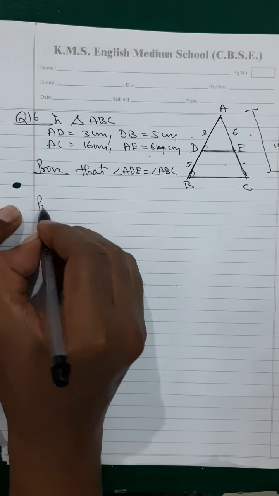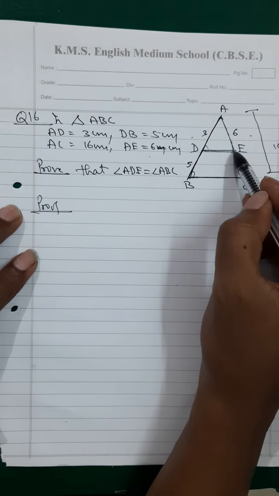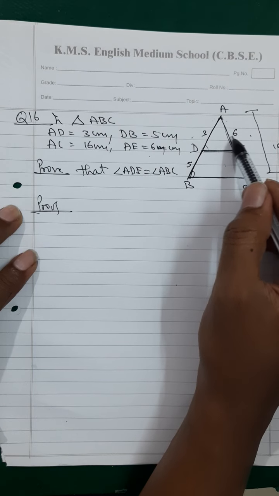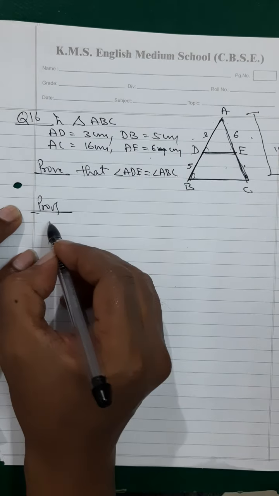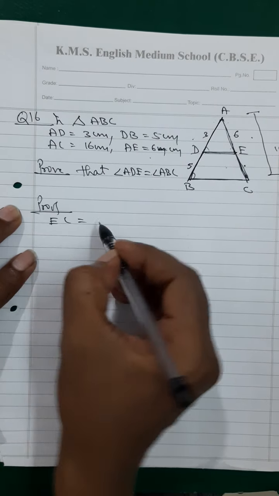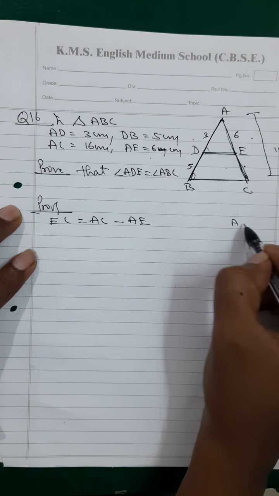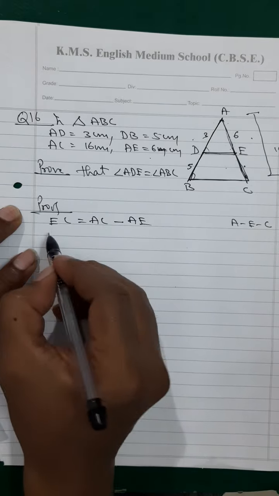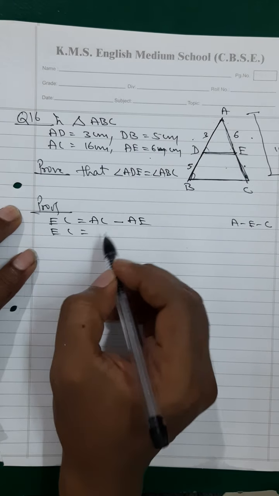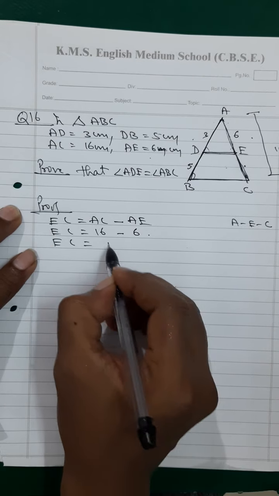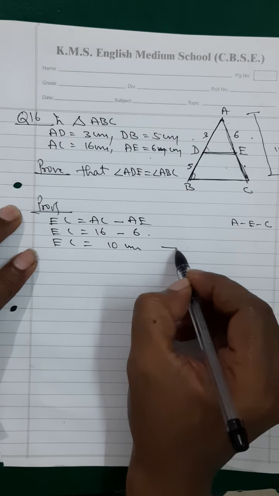So, you know now EC will be equal to what? From this complete AC you will subtract AE. So, EC is equal to AC minus AE. Reason is simple, A dash E dash C. So therefore your EC is going to be, AC is 16 they have given, minus 6, so your EC is going to be 10 centimeter.